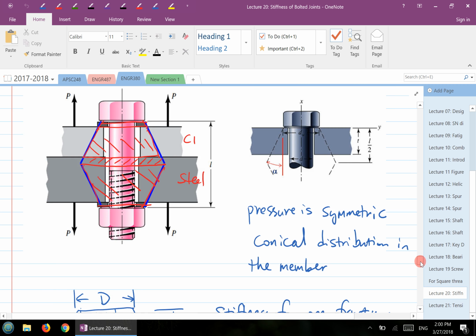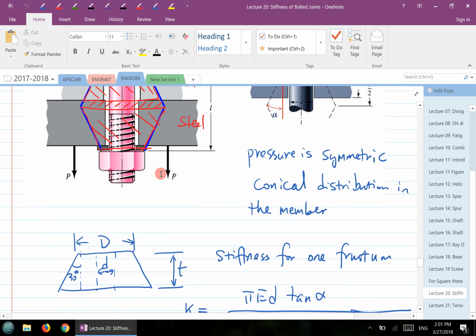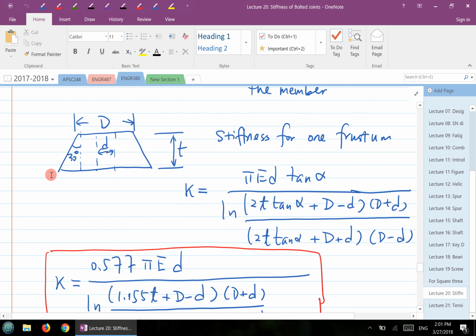Okay. So member stiffness basically refers to how we calculate the stiffness of the members that are being clamped between the bolt head and the nut. The essential approach is to use a so-called symmetric pressure cone to model the distribution of the pressure, and then we look at the stiffness of many frustums.